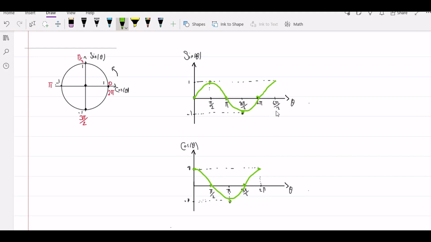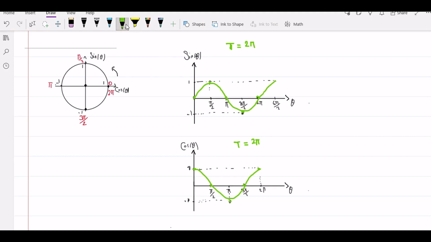As you can see here, the period for sine is equal to 2 pi. It means that after 2 pi, when we have completed the whole revolution, the function is going to repeat itself. And for cosine, it is the same. After we have completed the whole circle, the cosine graph is going to repeat itself again.